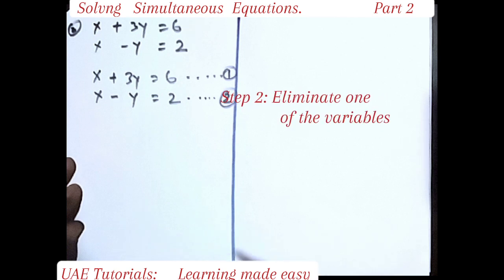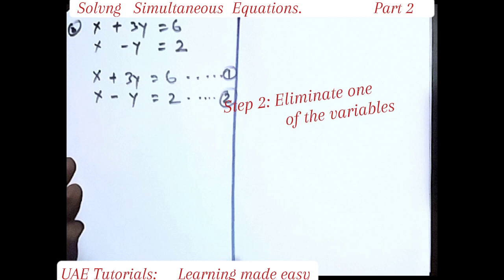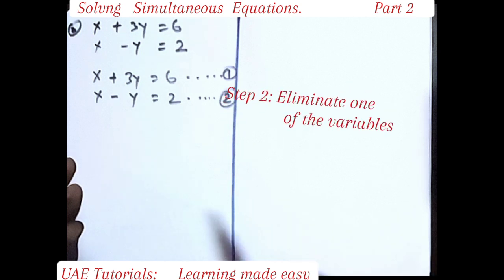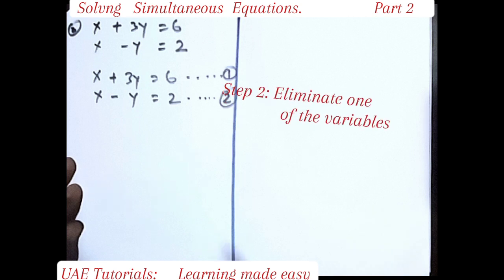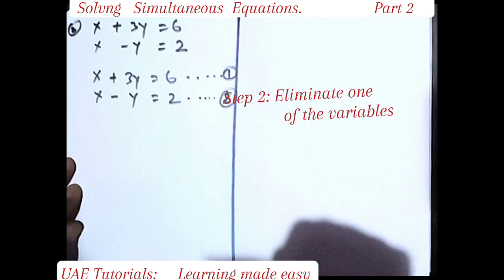Now, guys, take a look. It is not every time that you have to eliminate the y variable first. Your goal is to eliminate one of the variables, leaving just one. So it depends on the nature of the problem that you are solving.